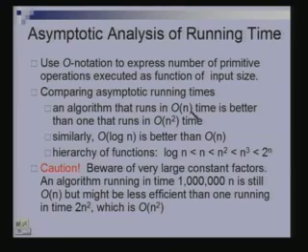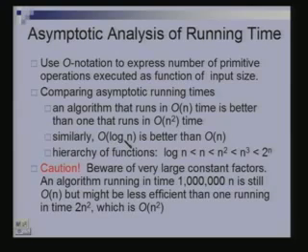Now if I have an algorithm for which the number of primitive operations is big O of n, and some other algorithm for which it is big O of n square, then clearly the first algorithm is better than the second. Why? Because if the input size doubles, the running time of this algorithm is only going to double, while the running time of this algorithm will increase fourfold.